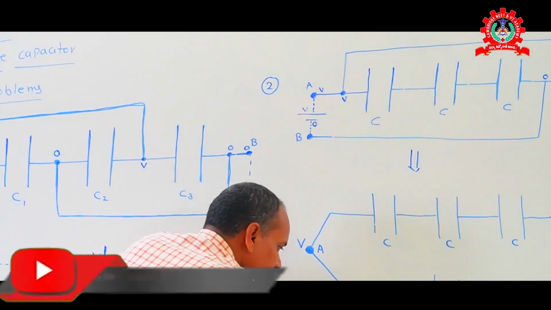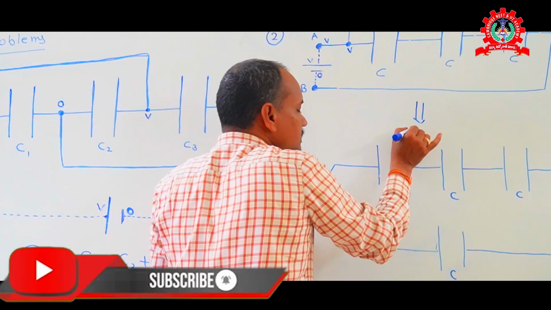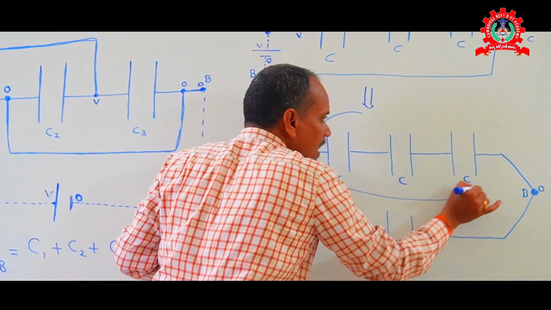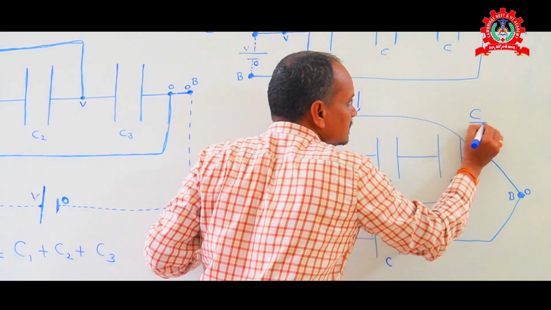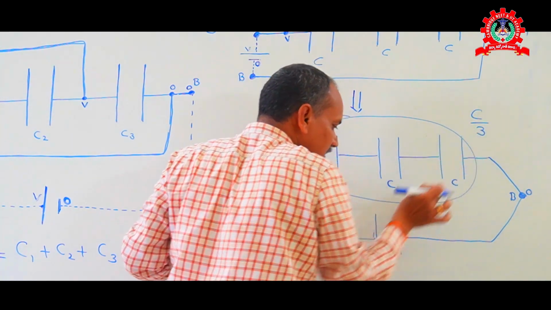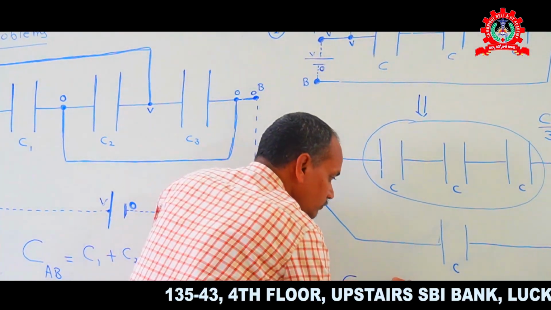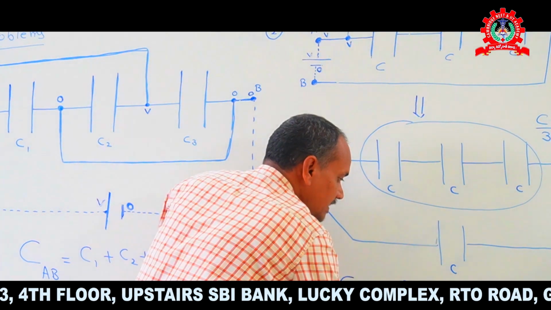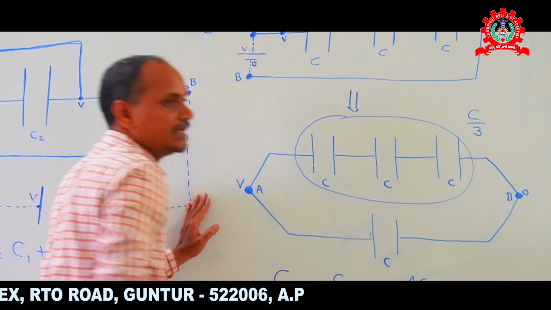So the equivalent capacitance between A and B: since these three are in series, the equivalent capacitance is C by 3, and this C by 3 and C are connected in parallel. So C by 3 plus C is equal to 4C by 3.